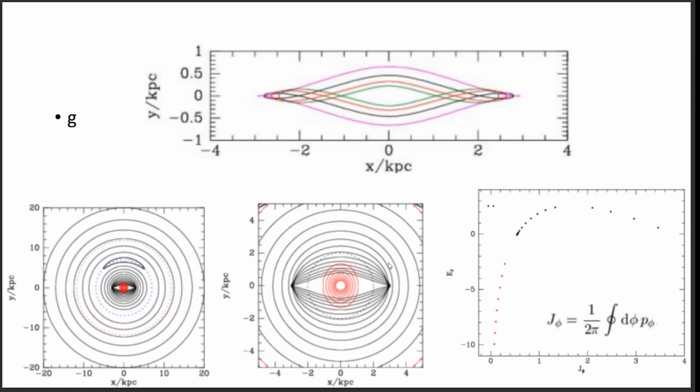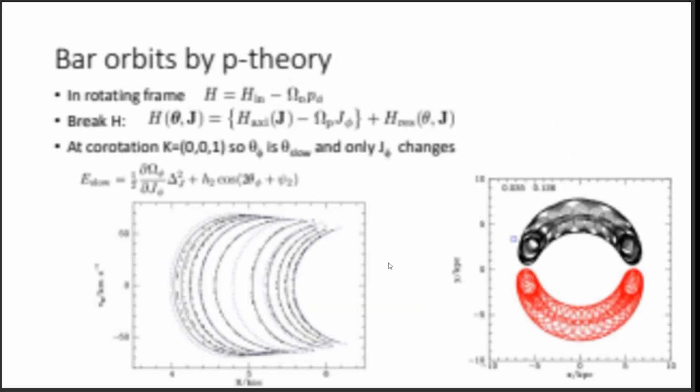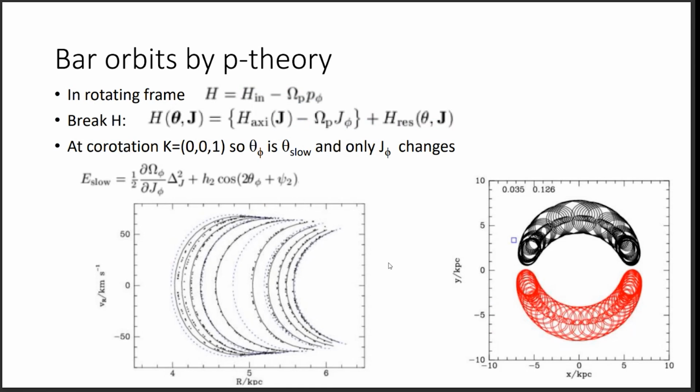That's a closed orbit of this family. Now we're dealing with a not closed orbit of this family. This black curve is obtained by integrating the equations of motion, and this red curve is obtained by this resonant perturbation theory using torus mapping for the unperturbed Hamiltonian.